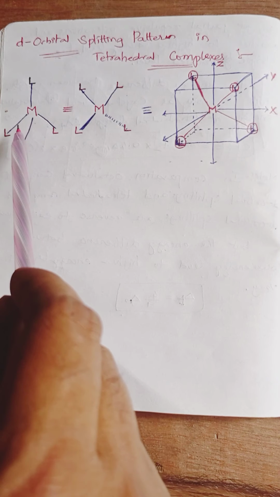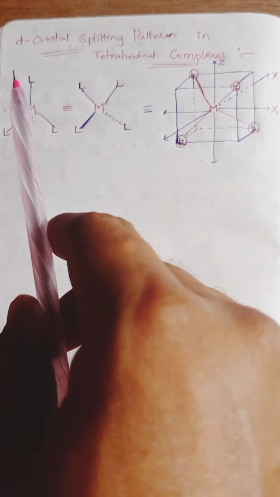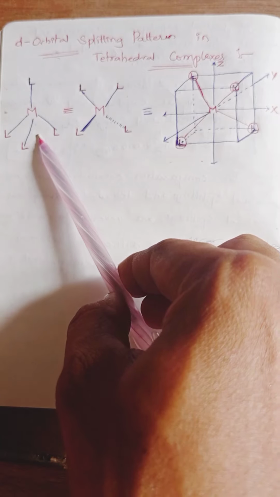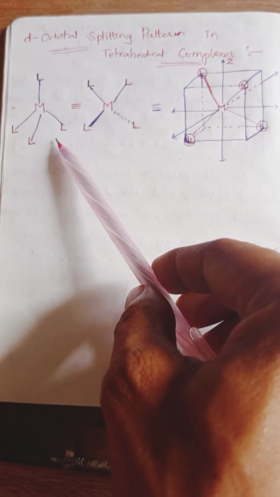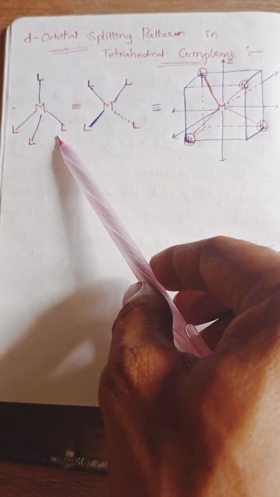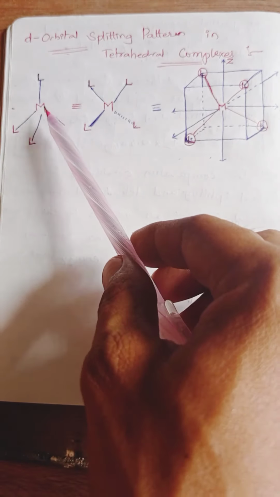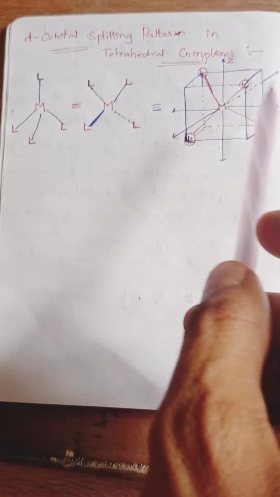But the tetrahedral complex is never a two-dimensional complex. It has three-dimensional structural aspects. So this representation showing four ligands in one plane is not correct. The four ligands are not in one plane, they will be in different planes, right?